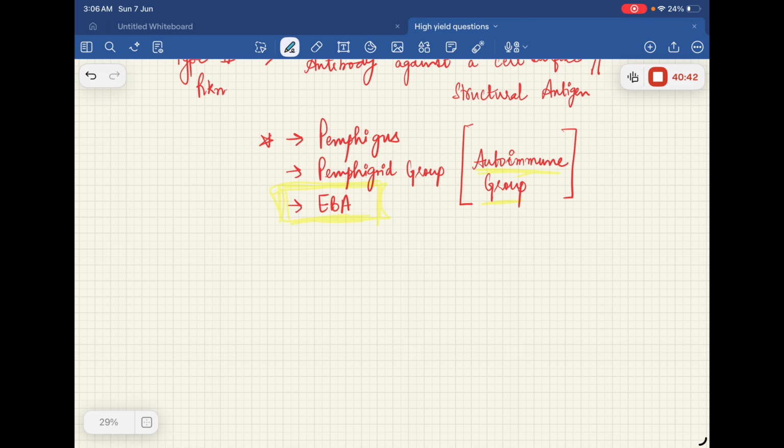Next is type 3 reaction. What happens here is there is a formation of immune complex. And which pathology comes under this? It is dermatitis herpetiformis.